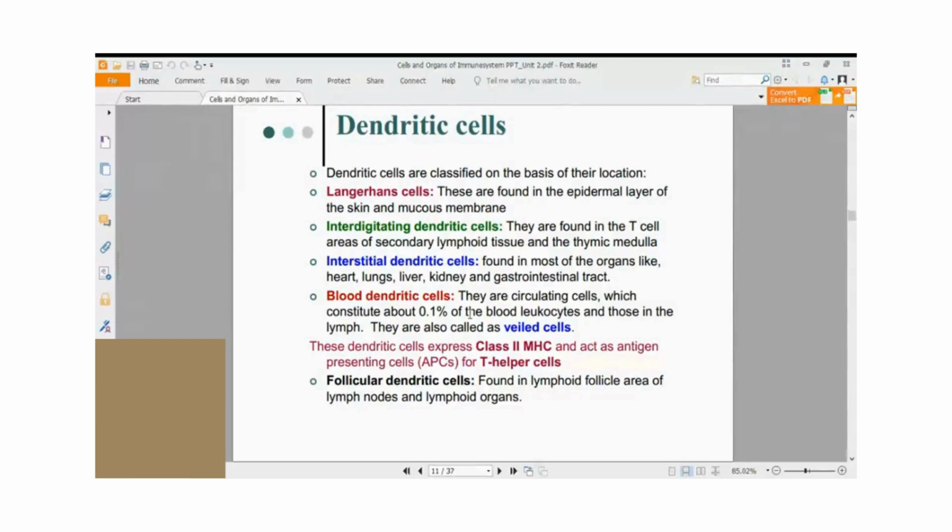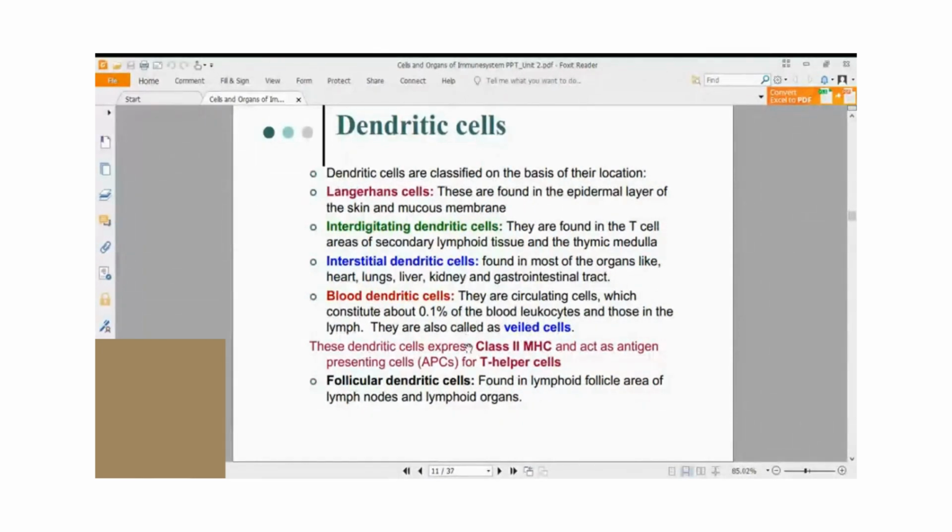In the lymph node, now the activity starts. So the veiled cells are nothing but traveling dendritic cells from any tissue which has encountered an antigen, and they leave the tissue. Why? Because they have to now go to the nearest lymph node to stimulate the immune response.